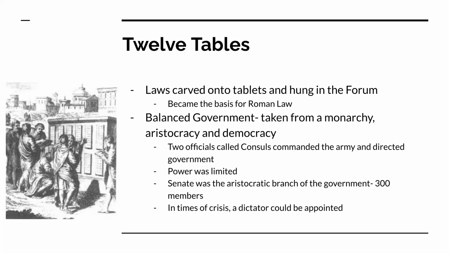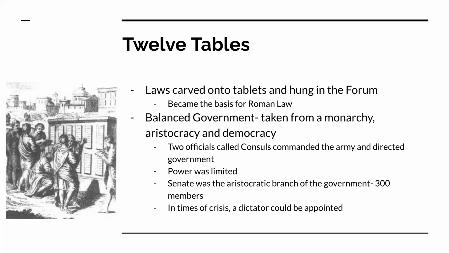In a time of crisis, you could have a dictator that is appointed. Why is that important? In terms of war, in a democratic style of society, it's very hard to make decisions on whether or not you go to war, because you have to go through so many people and so many blocks of people.